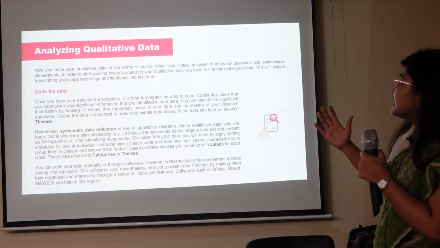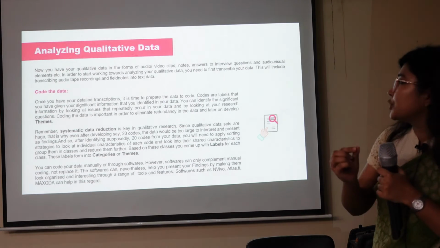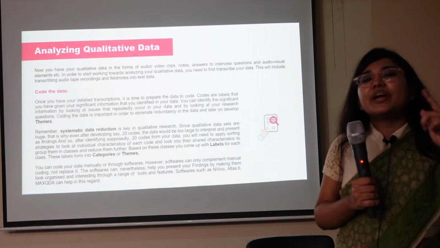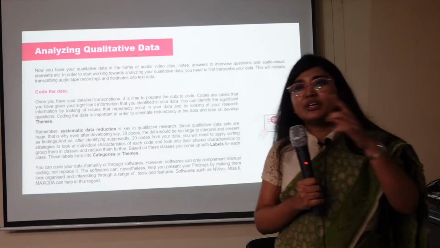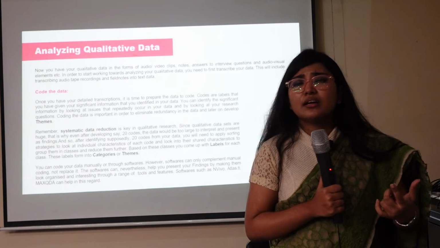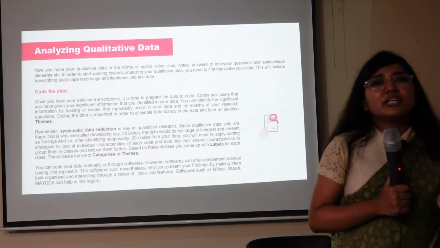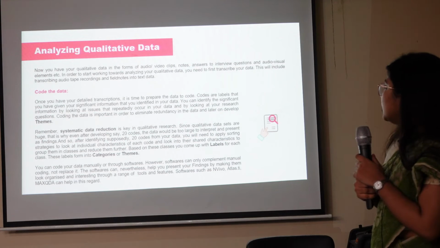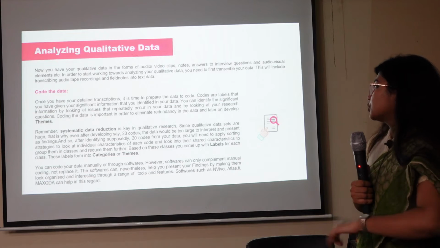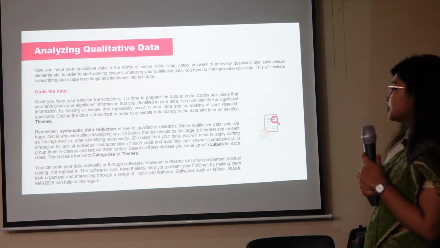So you can identify the significant information by looking at issues that repeatedly occur in your data. Write it down. You can do it by repeatedly looking at information that all the participants have in common that they are sharing, all the interviews have in common that they are sharing, and by looking at your research questions. So these two criteria you should follow in order to code your research transcription.